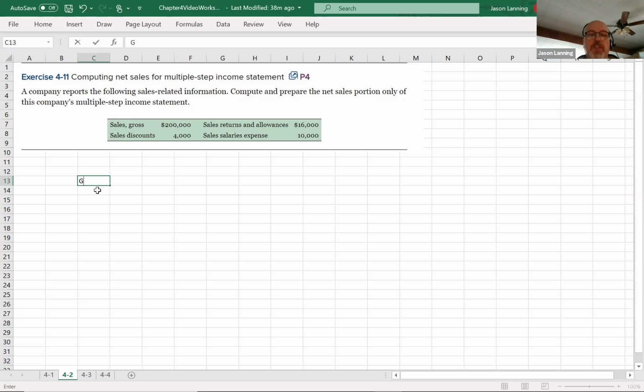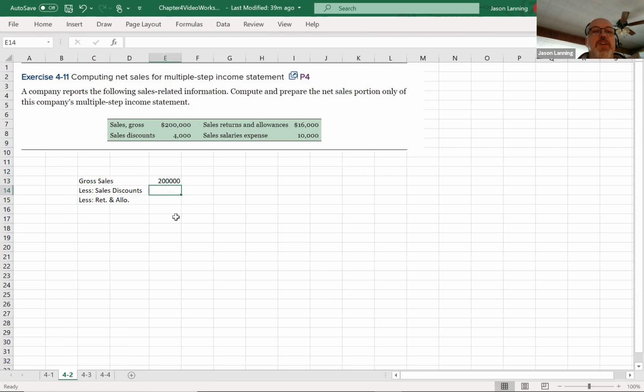So really we start with essentially gross sales. And we have those here of 200,000. And then we have to subtract, less our sales discounts, and less our returns and allowances. I'm going to abbreviate.